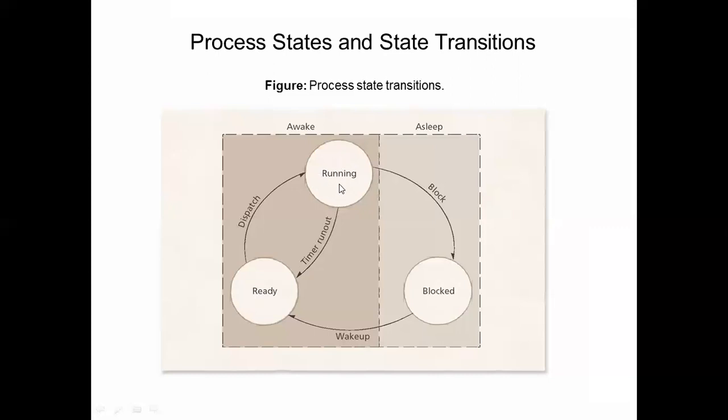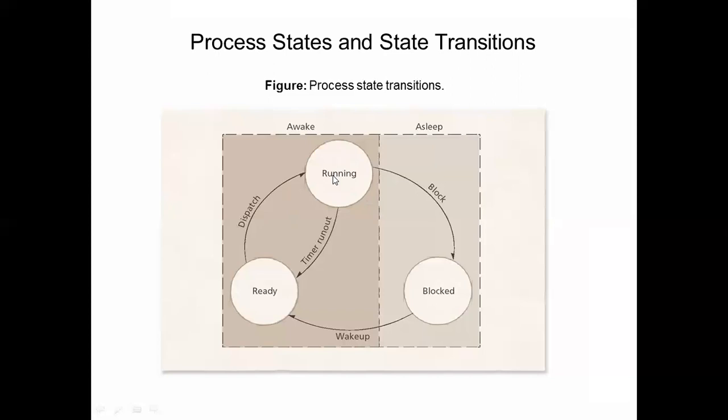As you stop it, it will come back to the ready state, and again that process will wait in the ready list. This is the procedure, and this is how these states are connected.